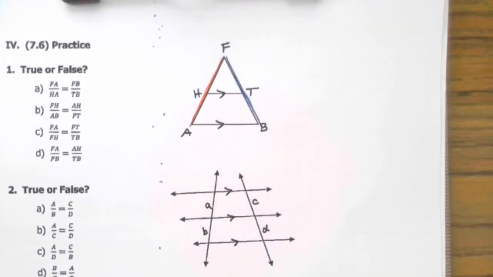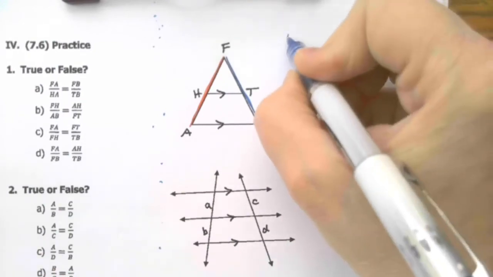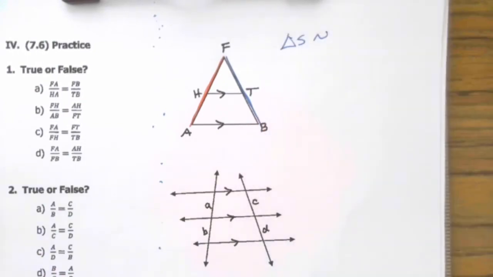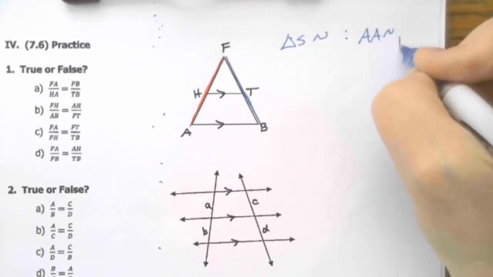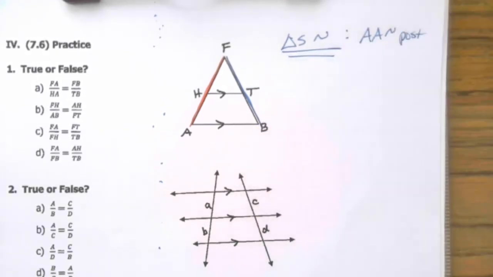Now, we already know by the theorem that the triangles are similar. So any parts of the triangles are going to be proportional, and that was because of angle similarity postulate. So we know they're similar. We just have to match it up right.